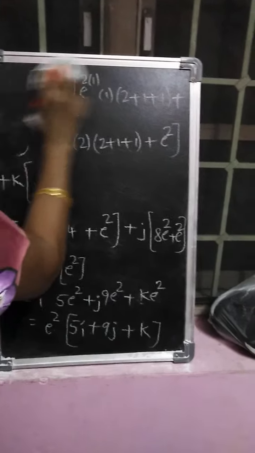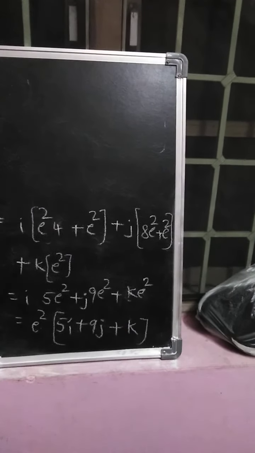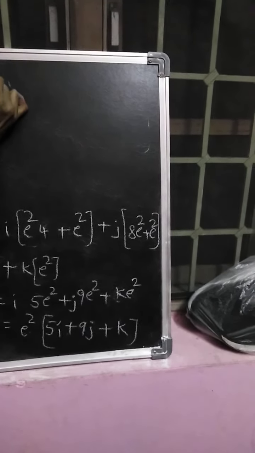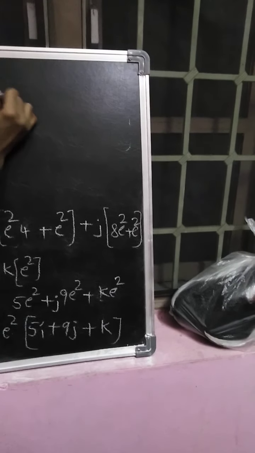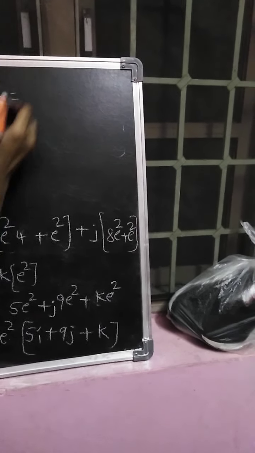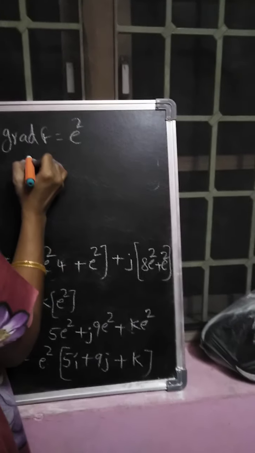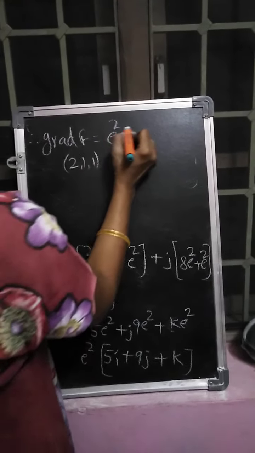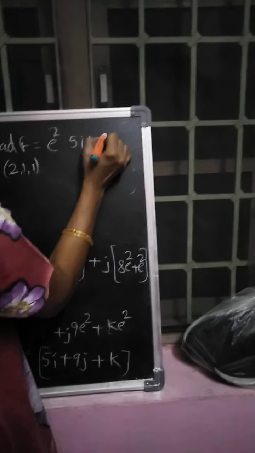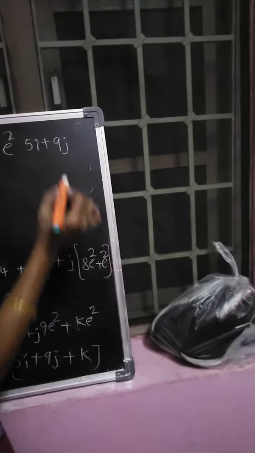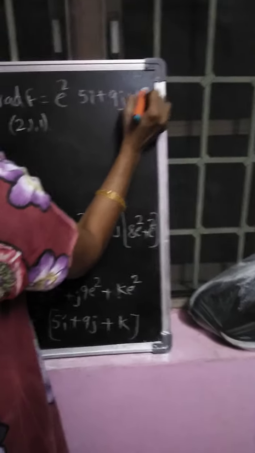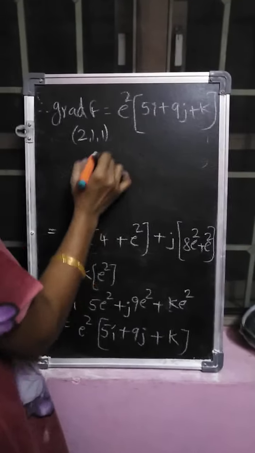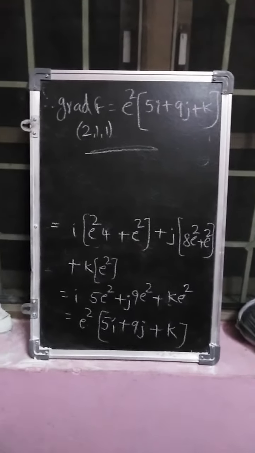Understood? Okay. So therefore grad f is equal to e square, at what point? At (2, 1, 1), e square times 5i plus 9j plus k. So this is the grad f.